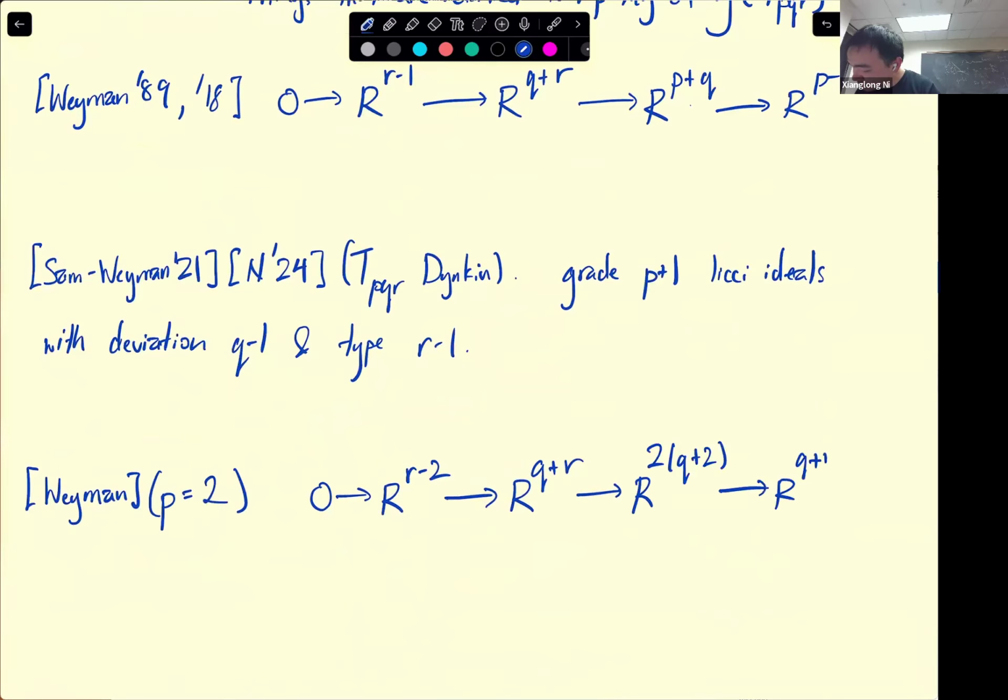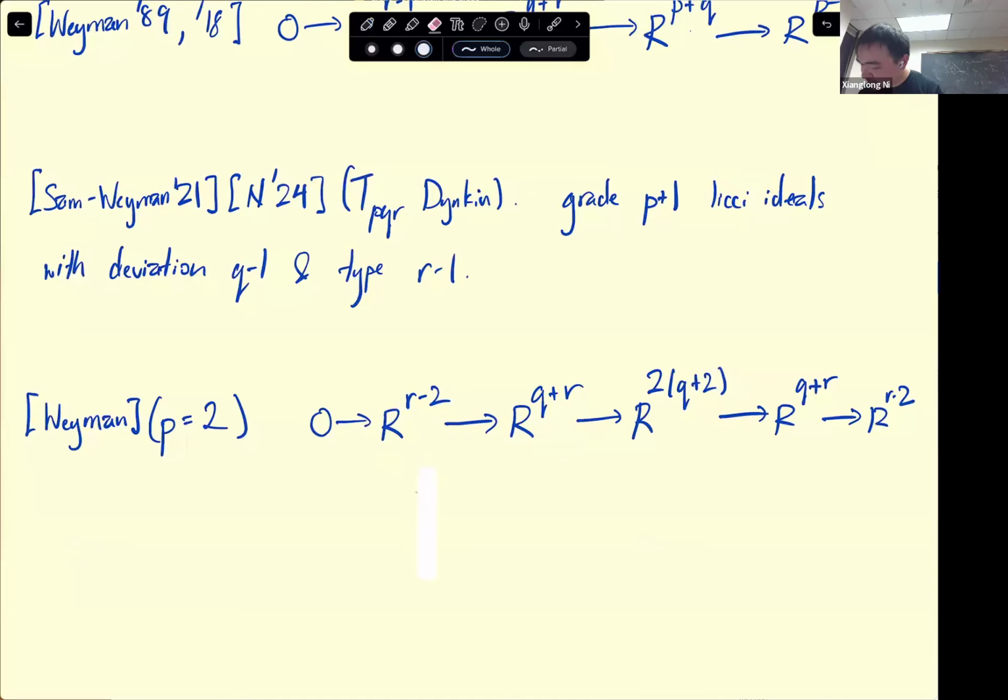This is explicitly self-dual. So in particular, this middle guy is really like H plus H dual. And so explicitly self-dual resolutions of this form are also related to this Lie algebra in some way.